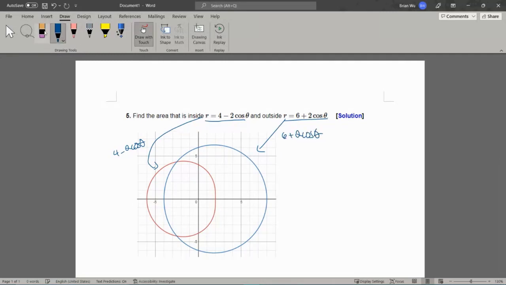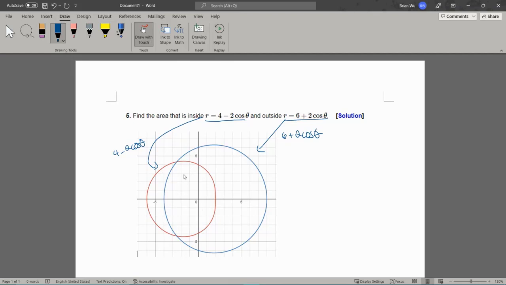You want to find first the area that's inside the circle, and outside of this one. Oh, okay, so not that one. So it's inside here.